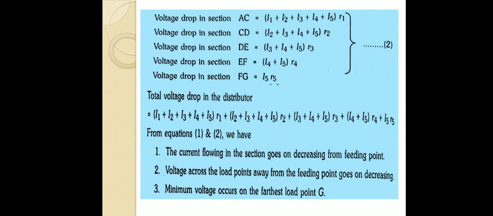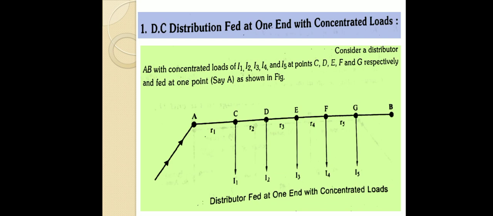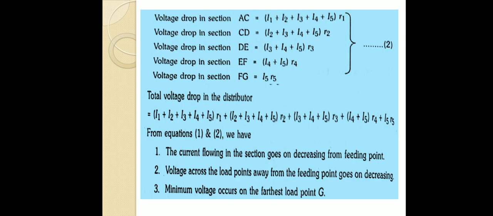Coming to the voltage drop, we know that voltage is equal to I into R. The voltage drop in a section is I into R, where the resistances of the sections are R1 for AC, R2 for CD, R3 for DE, and so on. The voltage drop in section AC is the current flowing through that section multiplied by the resistance of that section: I1 plus I2 plus I3 plus I4 plus I5 into R1.